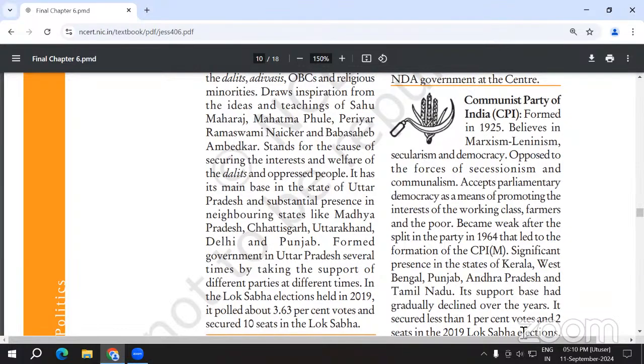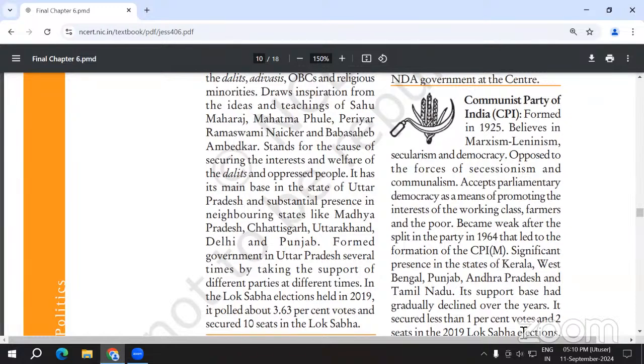Because the same party was now divided into two, based on the ideologies, programs, and work. Earlier, this particular party was completely against capitalism. Now, the branch of it, that is Communist Party of India, Marxist, is supporting that kind of capitalist enterprises. So that is why its support base reduced.